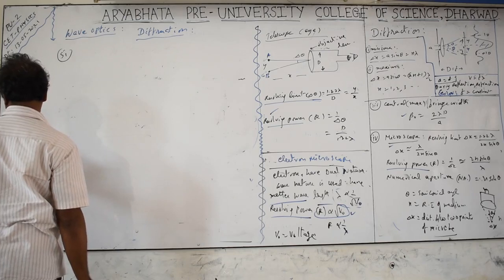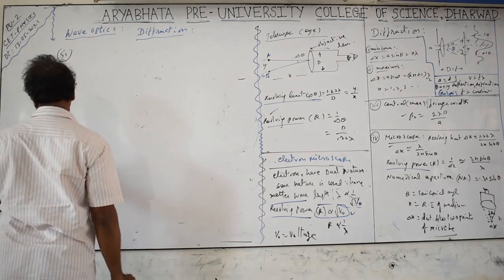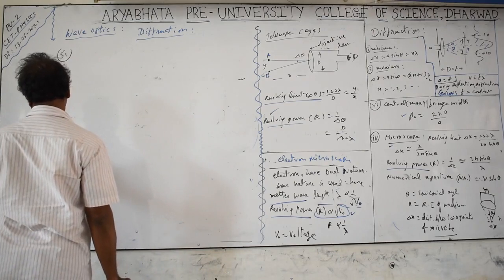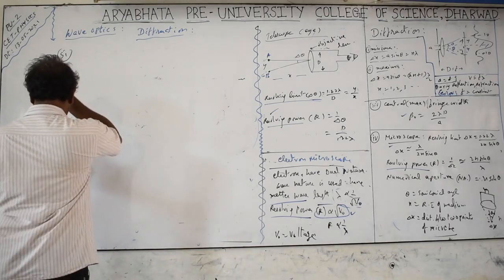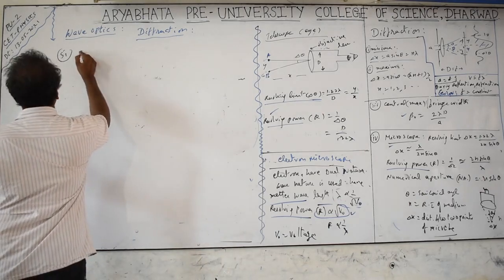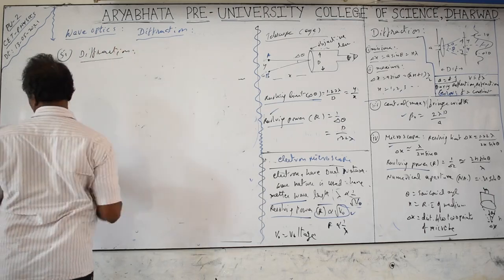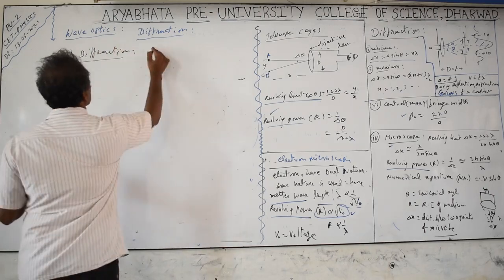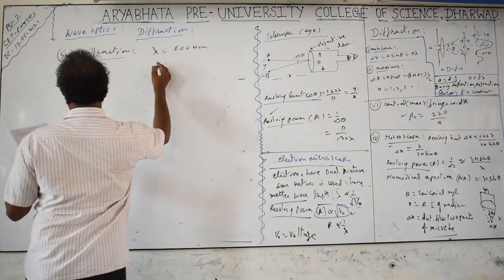A narrow slit of width 1 millimeter is illuminated by monochromatic light, meaning a single wavelength, of wavelength 600 nanometers. The distance between the first minima on either side of the central maxima on a screen at a distance of 2 meters is... In this question 51, it is diffraction. I am writing the data directly. Lambda is 600 nanometers.